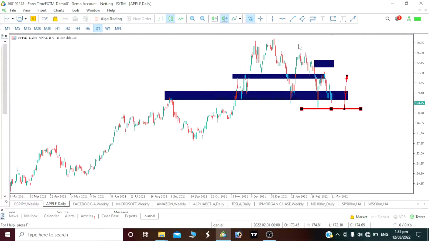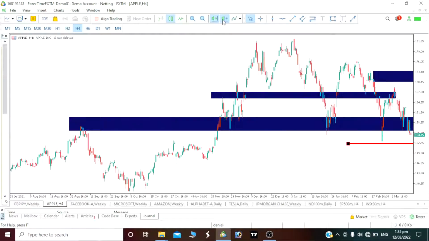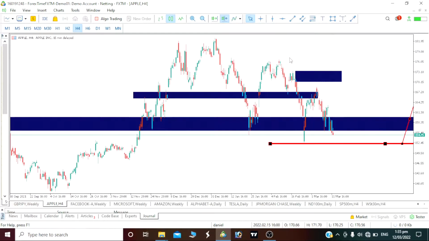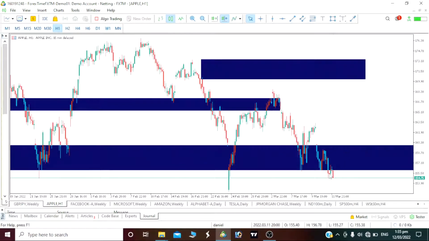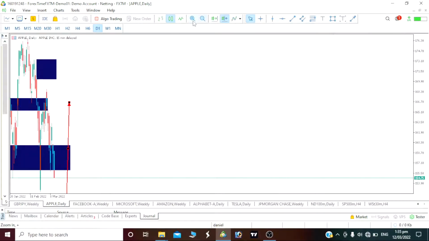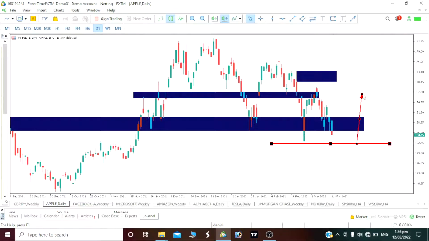As you can see, it is about to push up, so we will confirm that push up by seeing multiple break of structure uptrend on our 1 hour time frame. If you can see a possible break of structure upward on our 1 hour time frame, we should be taking our buy position to the area that I've just talked about, which is about 166 or 167 on our Apple.